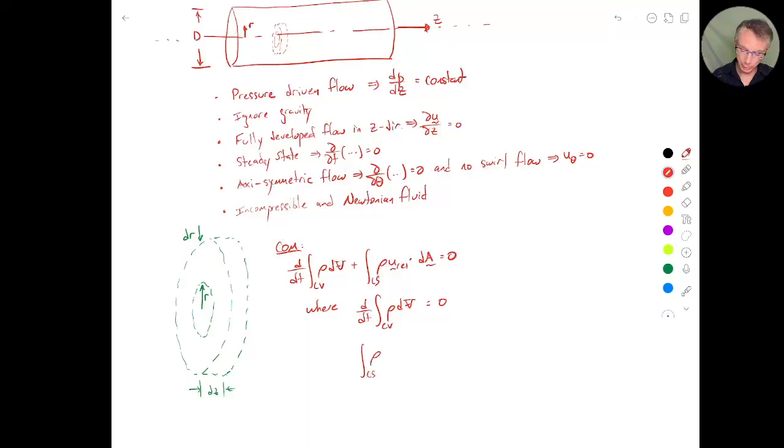Now let's evaluate the second term. This is the mass flow rate out and into the control volume. So that's going to happen from the left side and then out through the right side. So the way we're going to handle that is we're going to say right at the very middle of the control volume, it's a little hard for me to show here, but right at the very middle here, we're going to say that the z velocity is uz and the r velocity is ur.